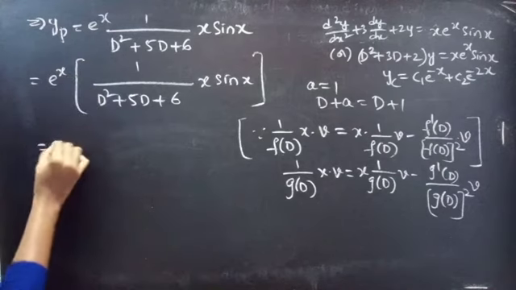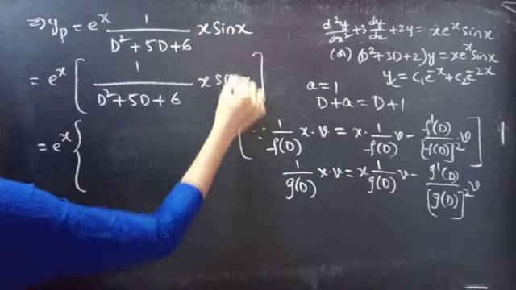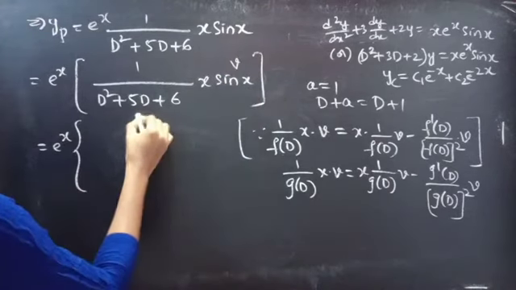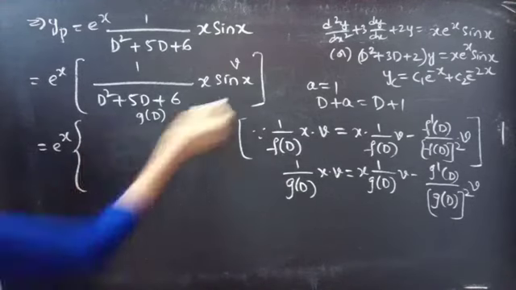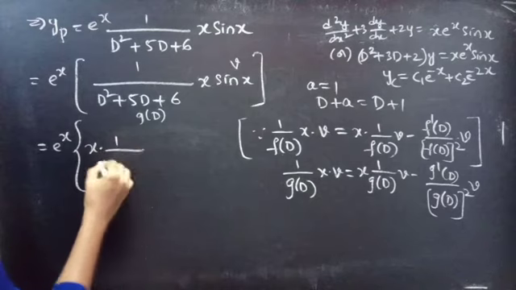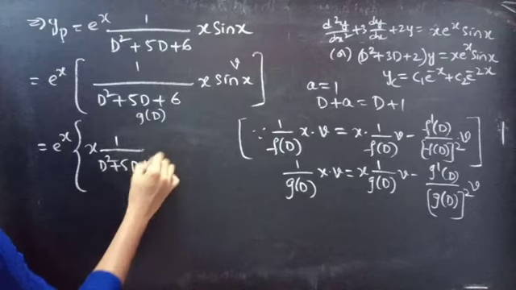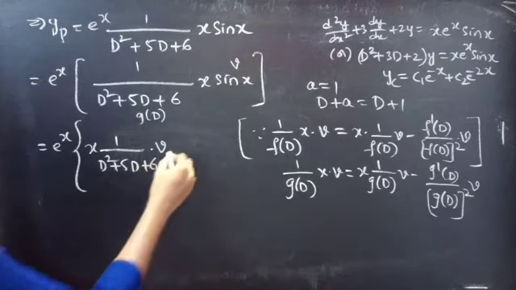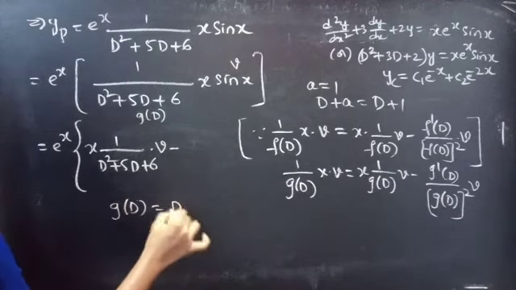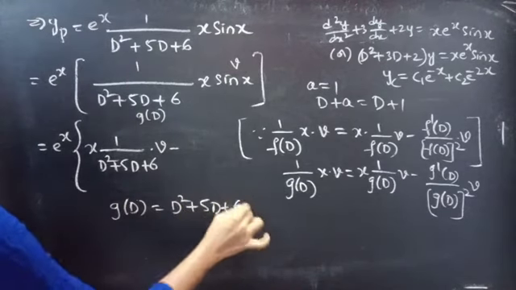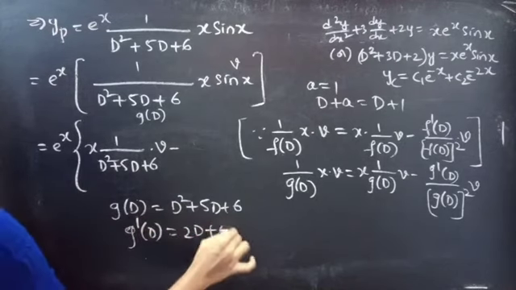This is equals to e power x into x. Here sin x is v and this is considered as g of D, right? Function of D. So we can write this as x into 1 by function of D, that is D square plus 5D plus 6, into v, minus derivative of, if g of D equals D square plus 5D plus 6, then g dash of D will be 2D plus 5, right?